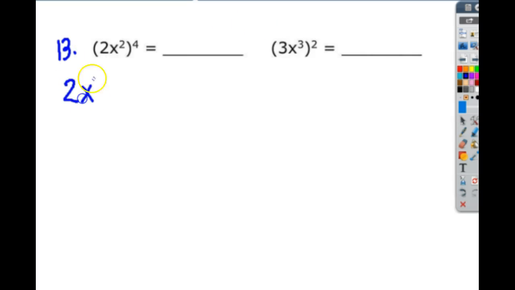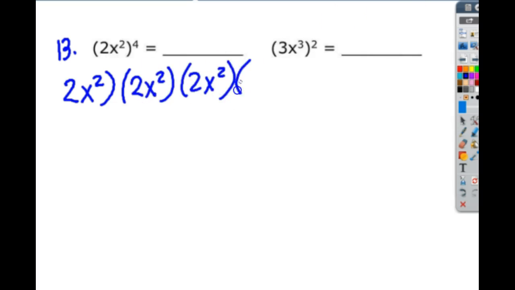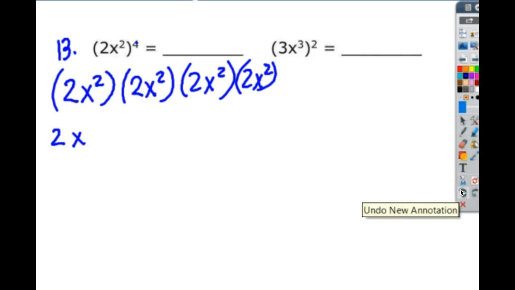This would be 2x squared times another 2x squared times another 2x squared times another 2x squared because of the 4 right there. So that's going to be 2x. I want to put all my 2's together. Those parentheses just mean everything's multiplied together.